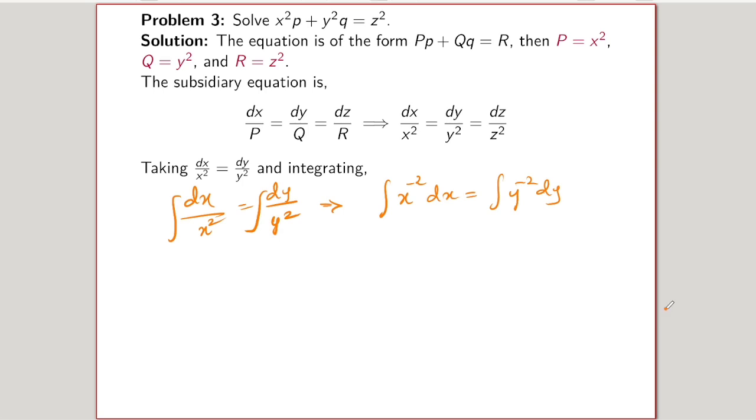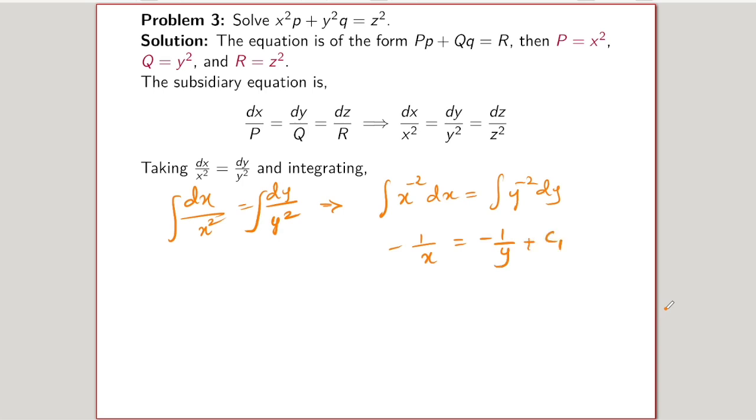So integrating this one, we'll be getting x power minus 2 plus 1 divided by minus 2 plus 1, which is nothing but x power minus 1 by minus 1. So we can write it as minus 1 by x. This will be equal to minus 1 by y, and I am going to write some integrating constant c1.